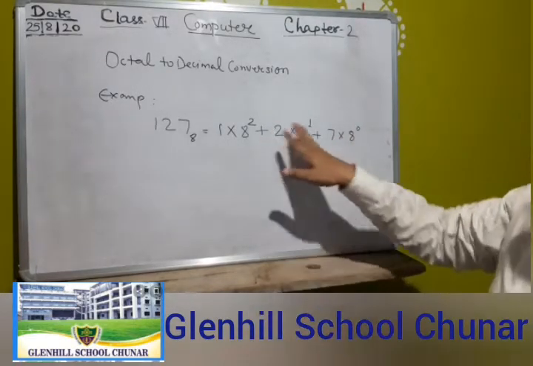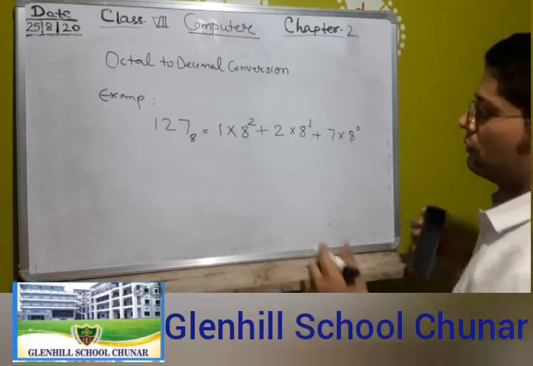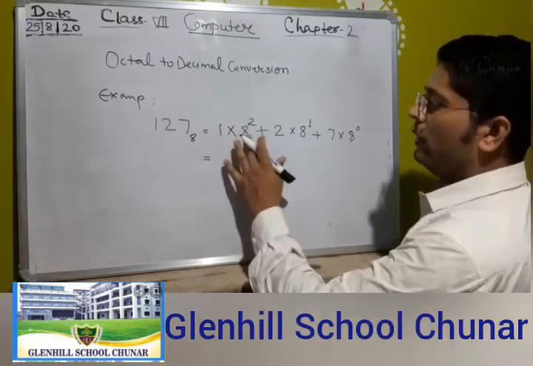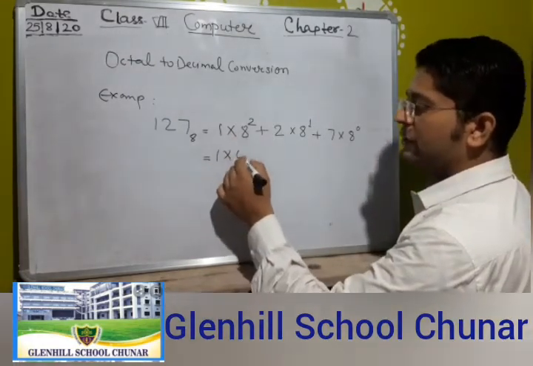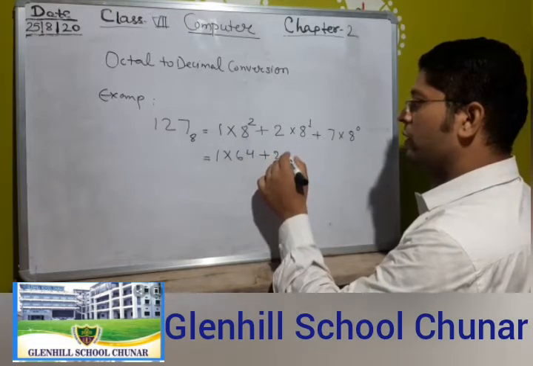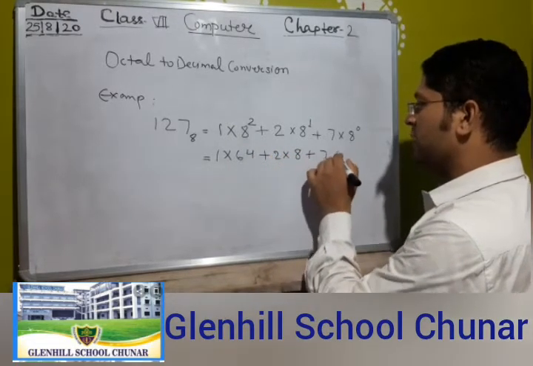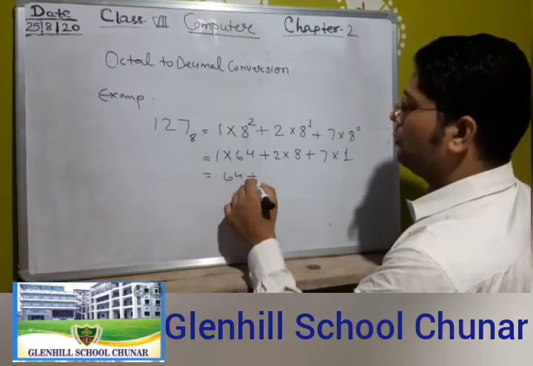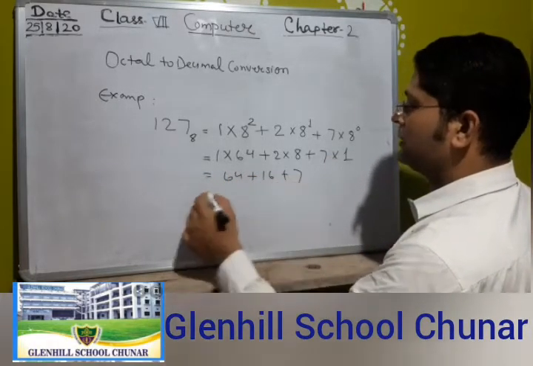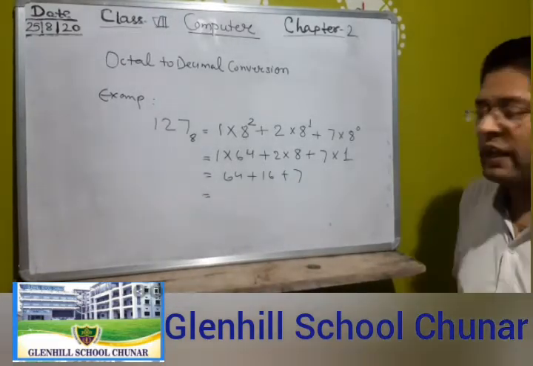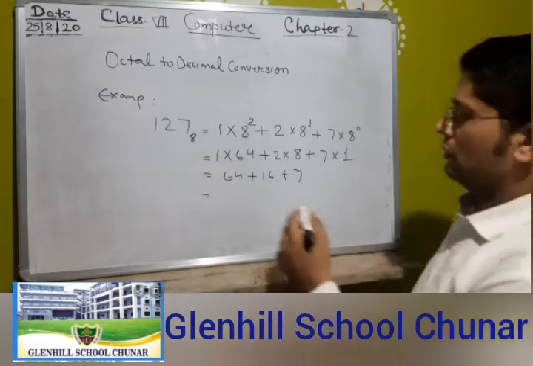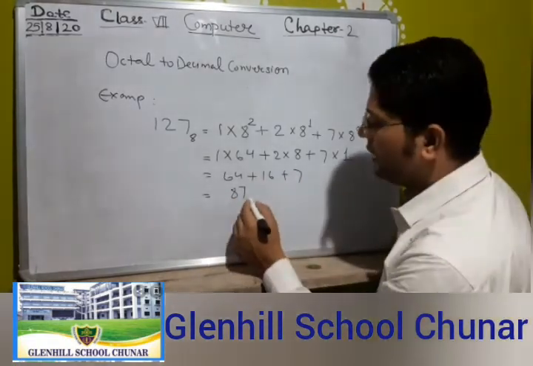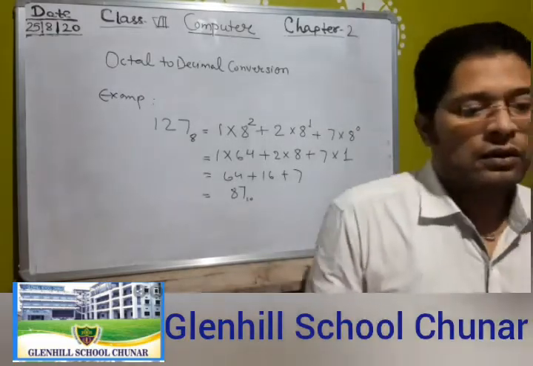Powers are 2, 1, 0. So 1 into 8 squared is 64, plus 2 into 8 is 16, plus 7 into 1 is 7. 64 plus 16 plus 7 is 87.